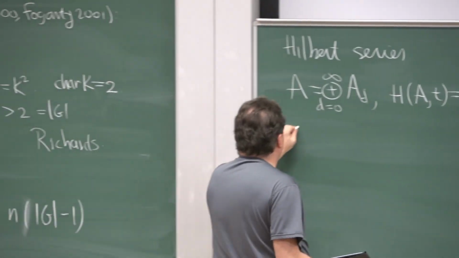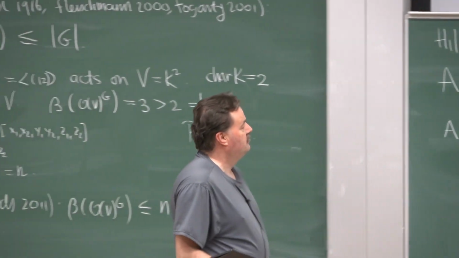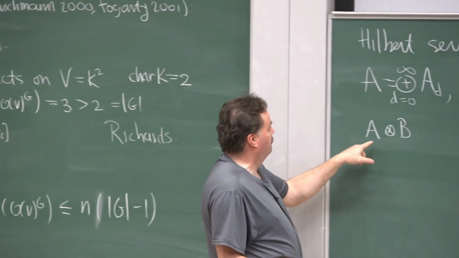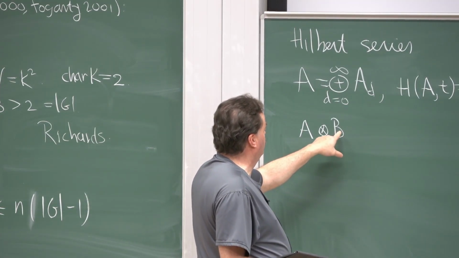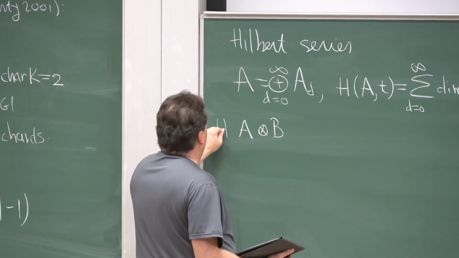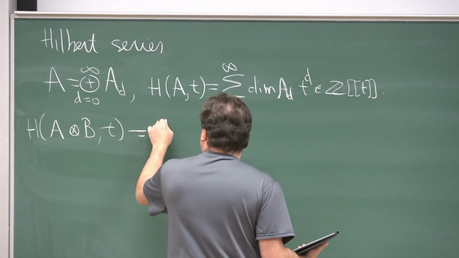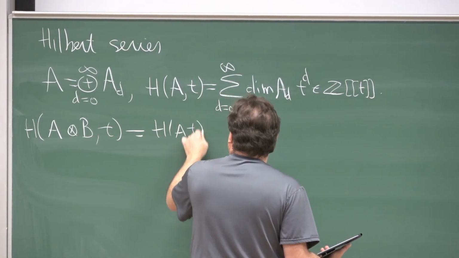If you have two graded algebras, you can define the tensor product, right? So if you have something of degree D here and something of degree E, then the tensor product will have degree D plus E. And if you define the grading that way, then the Hilbert series of the tensor product is just the product of the Hilbert series.